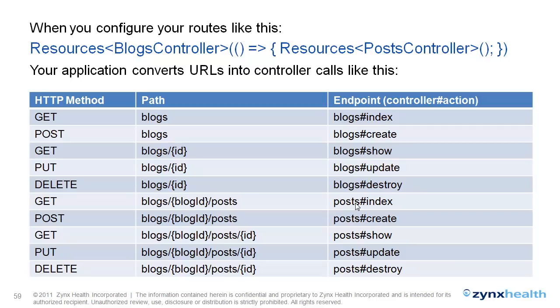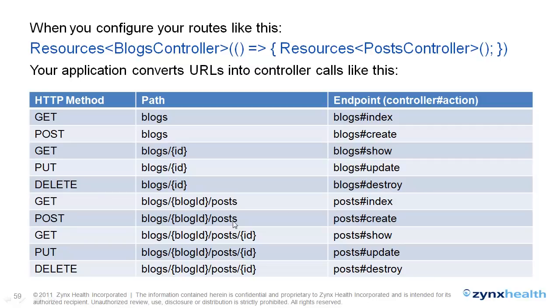It doesn't have a blog representation, a blog's controller or a blog domain object or whatever already made for it to represent the blog that it belongs to. So the controller, the index method on this controller, or any method that we call on this controller, because it's a subsidiary resource, needs to have the identity information to be able to tell what blog this set of posts belongs to, so that it can then carry on with that in its database operations to get the information that it needs. So a get on the URL of this form calls the index action method on the post controller and passes the blog ID.